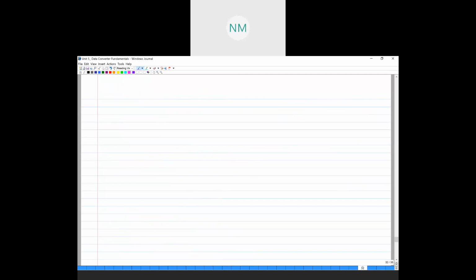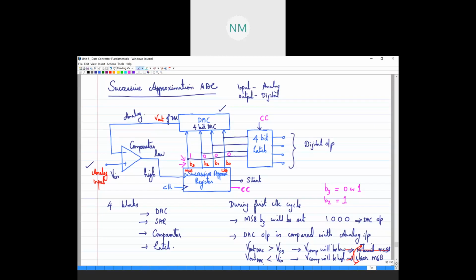Whenever you have a comparator output low, we have to clear the bit, and whenever you have comparator output high, we have to retain the bit. So that has to be taken care of. This is all about your successive approximation ADC.